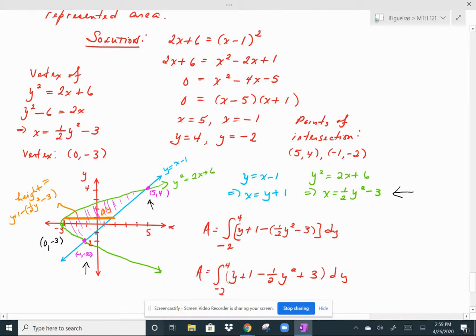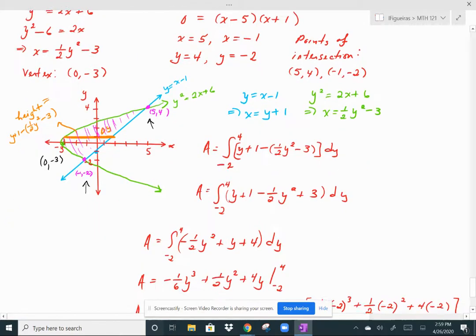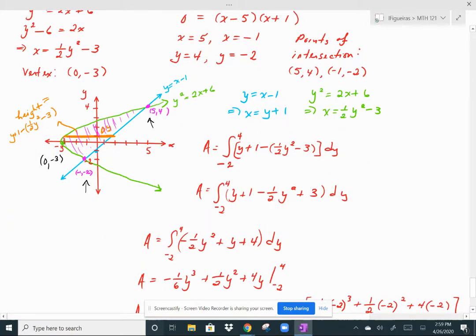And so now we have to figure out, do I want to integrate this with respect to x or with respect to y? All right, so if I were to integrate this with respect to x, it would create more trouble for me than with respect to y. So let me show you quickly why that's the case. All right, so this is sort of what this graph looks like. Now, this one doesn't look quite right. So I'm trying to reproduce what I did above.